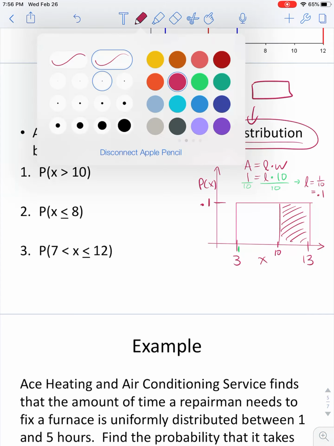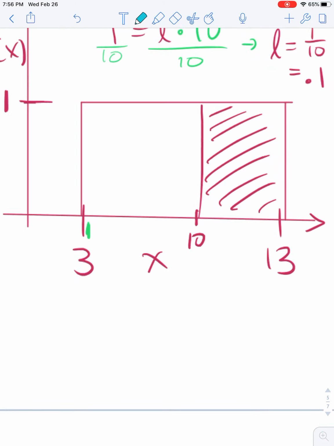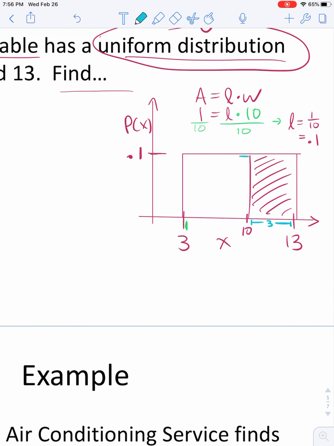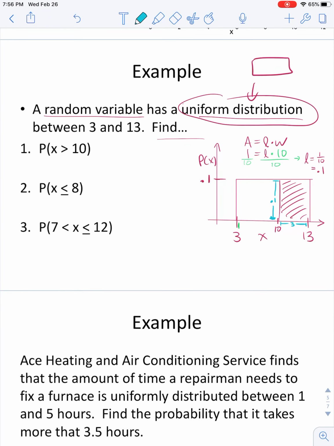We have a base here of 3 and a height here of still 0.1. So if we take 3 times 0.1, the base times the height, we will get the probability, which is the area.